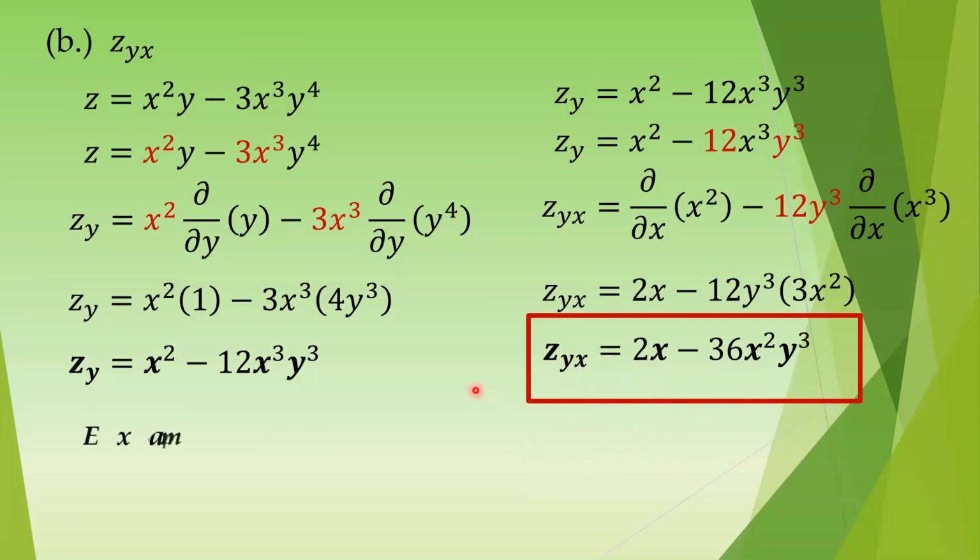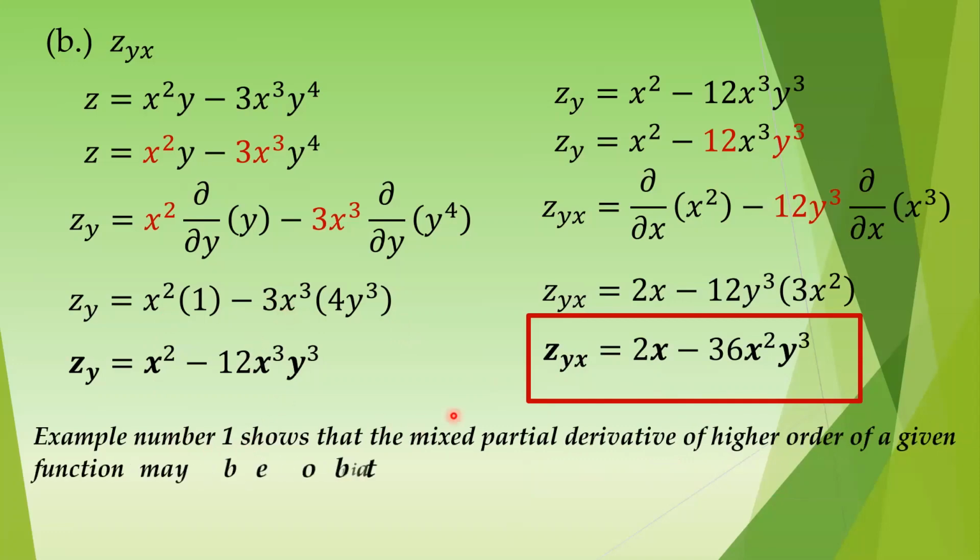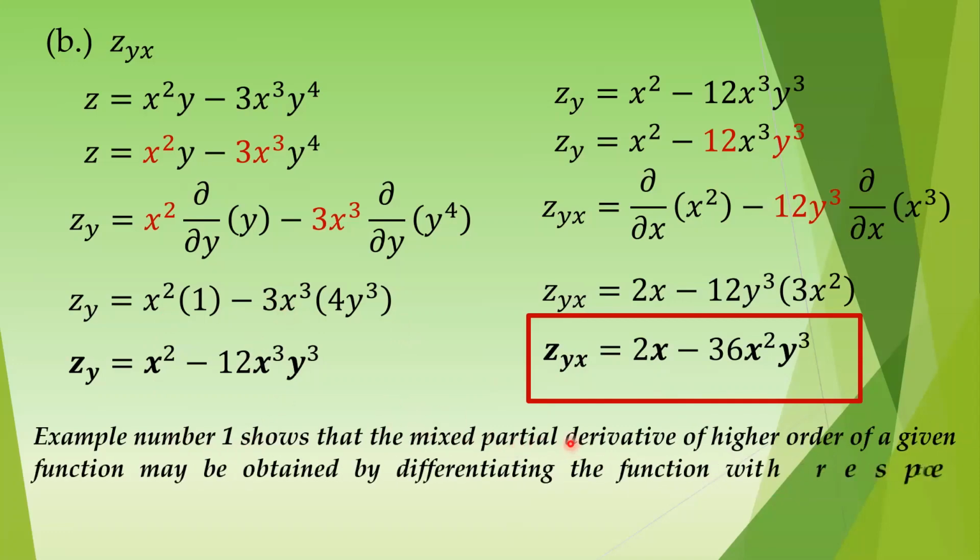So ang ating pinaka na-prove dito, so our example number 1 shows that mixed partial derivative of higher order of a given function may be obtained by differentiating the function with respect to the variables in any order. Yun nga, pwede kang with respect to y muna, with respect to x kasunod, or with respect to x, next with respect to y, meron tayong makukuha same answer.